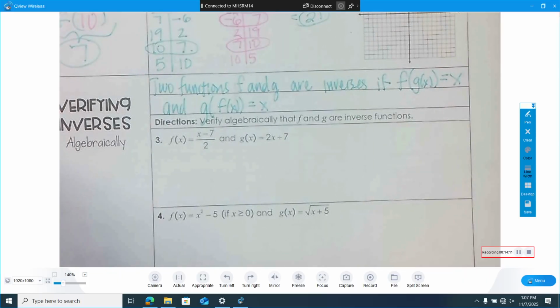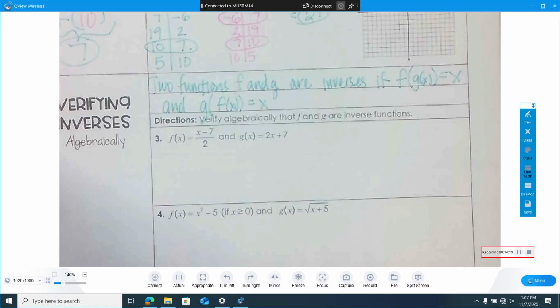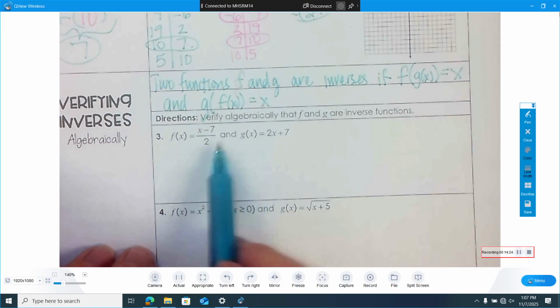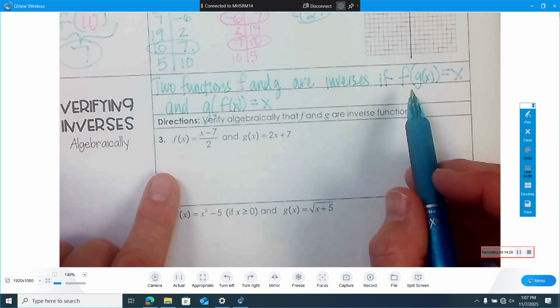If they're inverses, they should cancel each other out, and the only thing we're left with is x. All right? So we're going to do that so you can see how it works down here with 3 and 4. So I want to prove this, and you're going to see how this is kind of interesting.